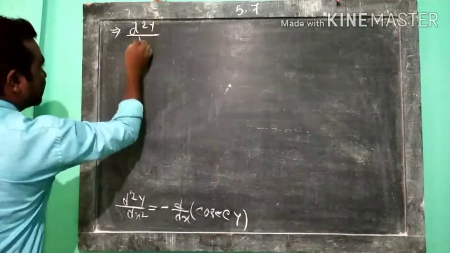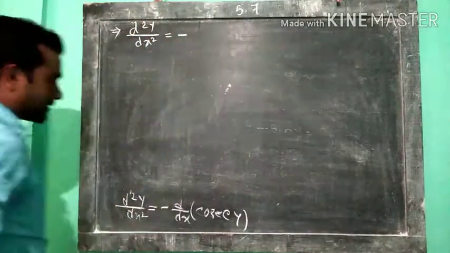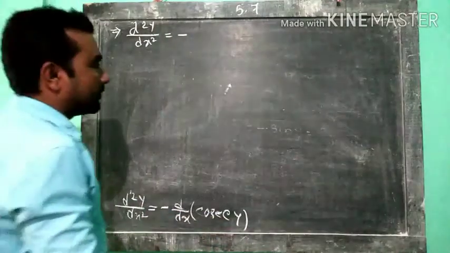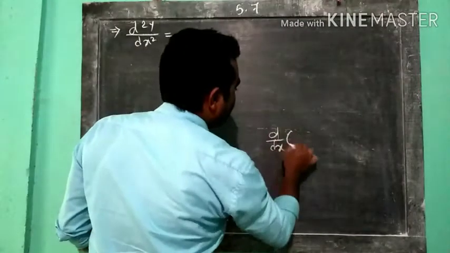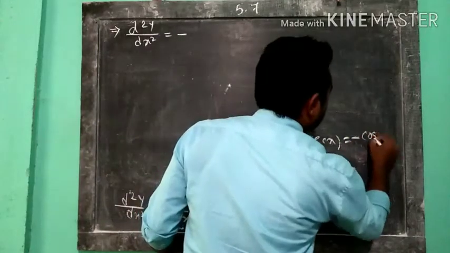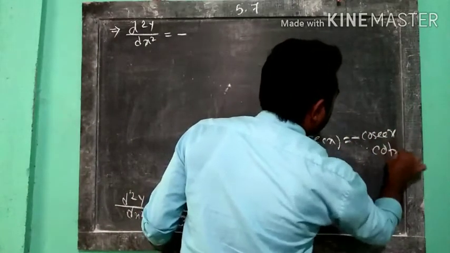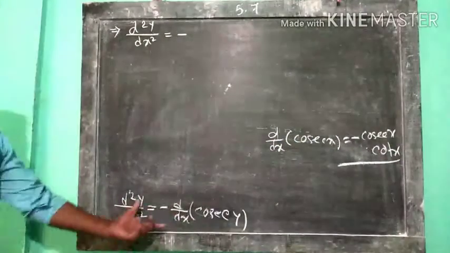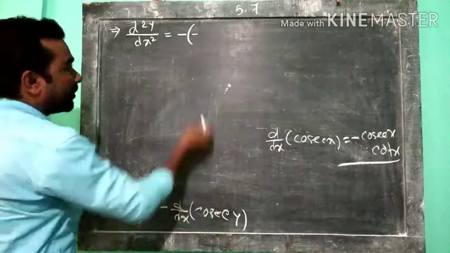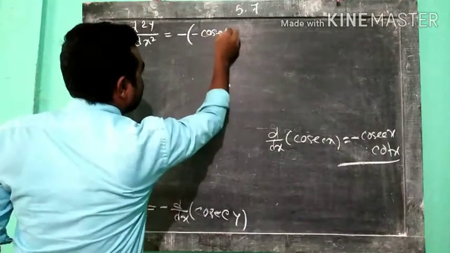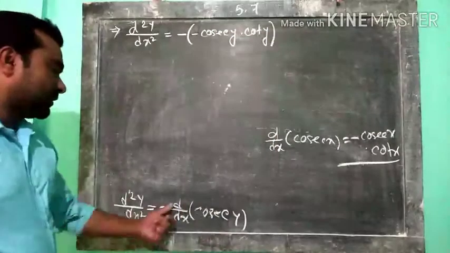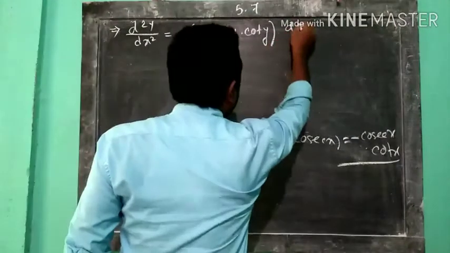We know the formula: d/dx of cosec x equals minus cosec x into cot x. So using this formula in this equation, we have minus cosec y into cot y, and if we differentiate y, then we get dy/dx.